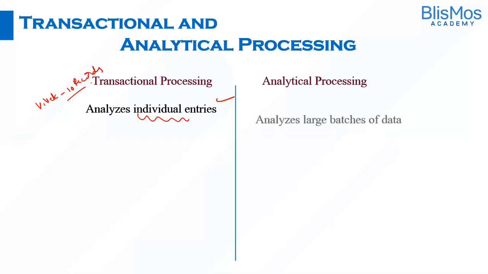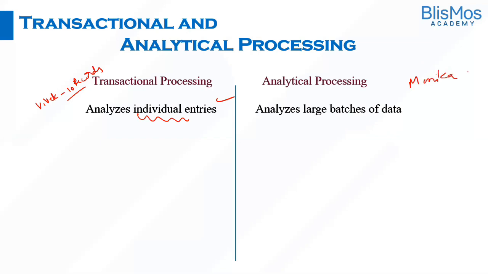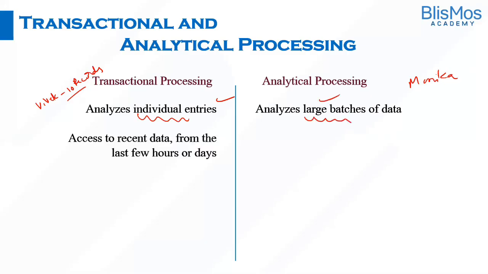On the other hand, Monica analyzed the last 5 years of data, isn't it? In analytical processing, we analyze large batches of data. In transactional processing, we access recent data, maybe from the last few hours or days.